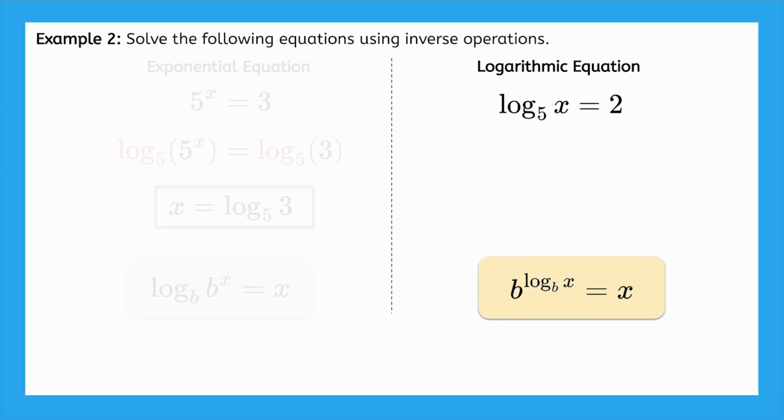If we want to release the x from the logarithm on the left, we can undo the logarithm by exponentiating both sides with base 5. On the left side, the x is released from the log, and we get x equals 25. Now let's look at another strategy to solve exponential and logarithmic equations.